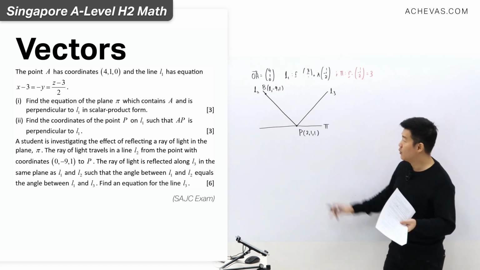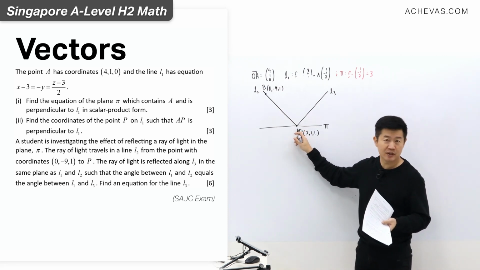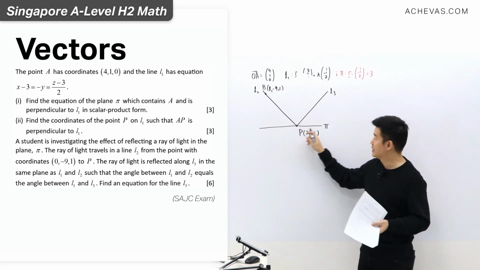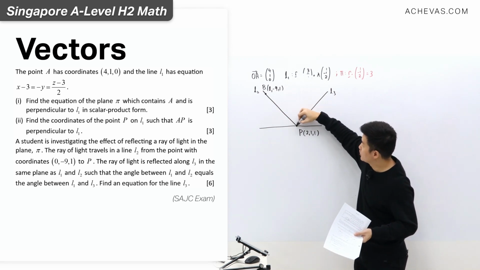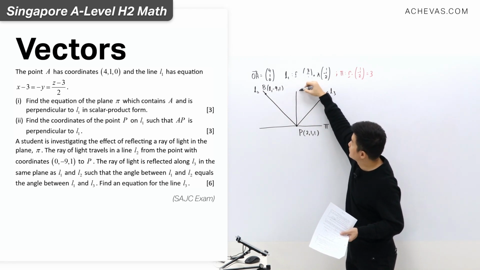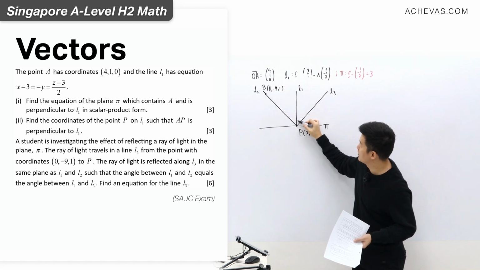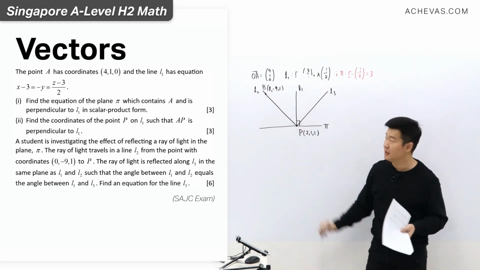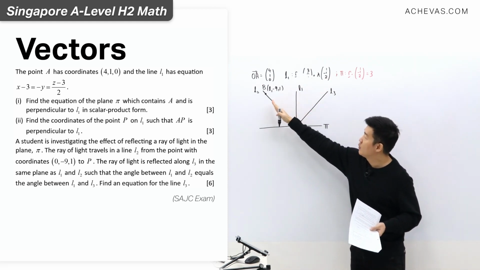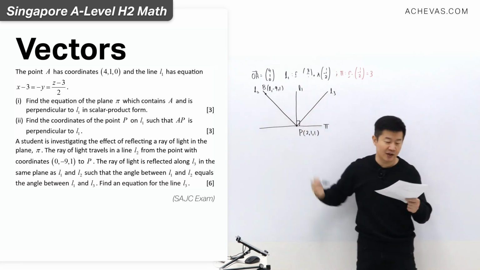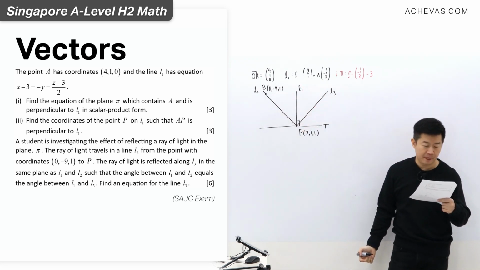What is L1? L1 passes through the point P, and L1 is perpendicular to pi. So this is L1, which is perpendicular to pi. According to the question, L1, L2, L3 lie on the same plane.